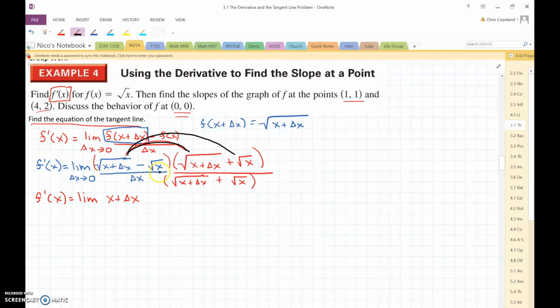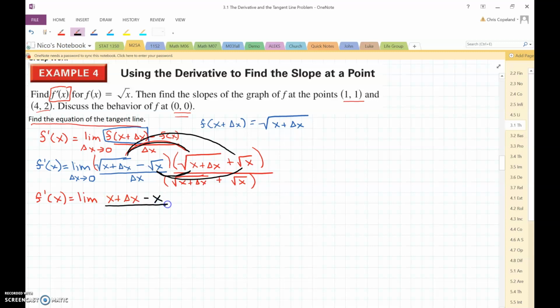And then the next term would be negative the square root of x times the square root of x plus delta x, the opposite, so the two middle terms cancel out. Then you multiply negative square root of x times positive square root of x, so that's going to be negative x.